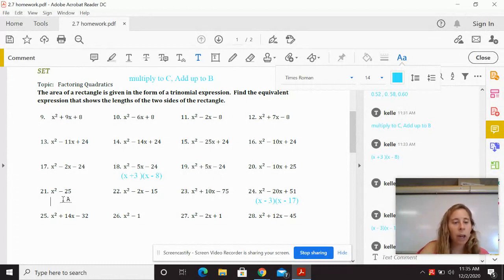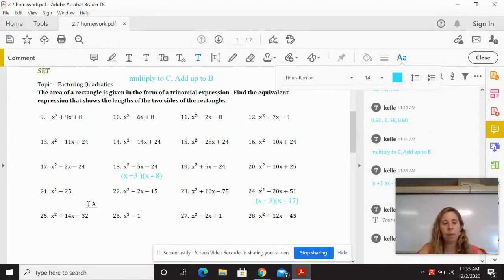So, there is no b term. There's no term with an x. That means this is x squared plus 0x minus 25. There's no b term, which means it's 0. Okay?